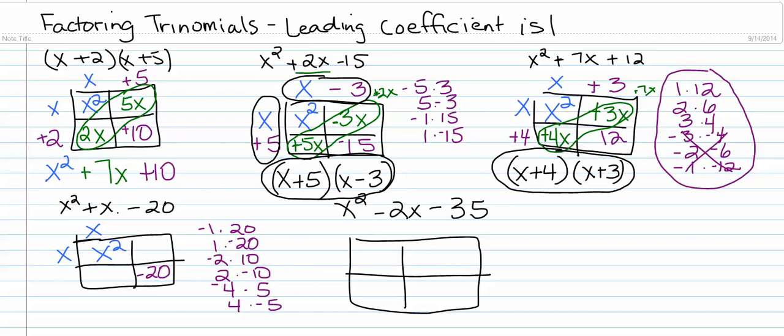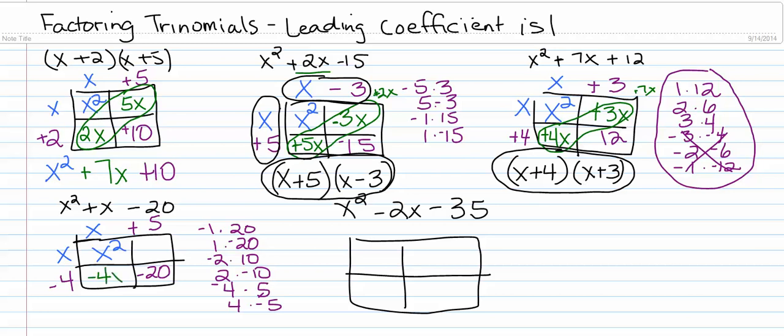I need the combination that is going to give me a positive 1 in the middle. So I'm going to look for the ones that are closer together. The numbers that are 1 unit apart are the negative 4 and 5, or 4 and negative 5. I'm going to try the combination that adds up to a positive 1, which would be positive 5, negative 4.